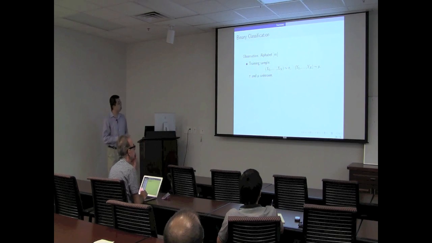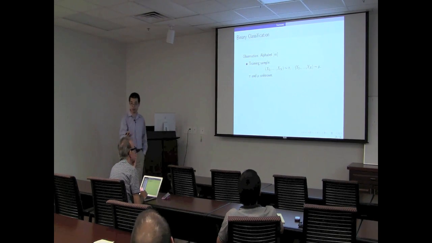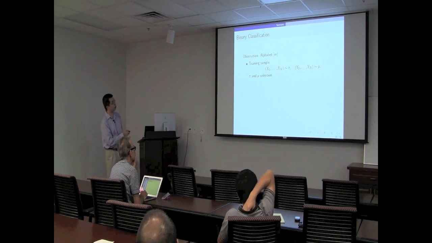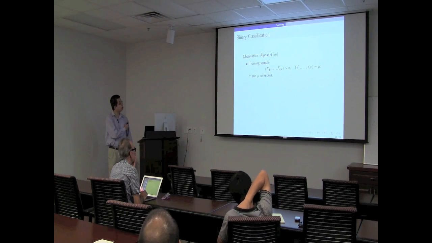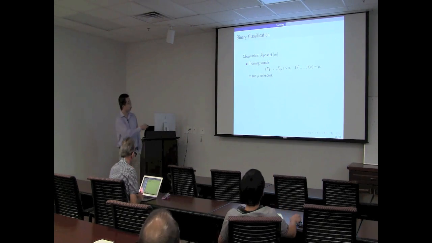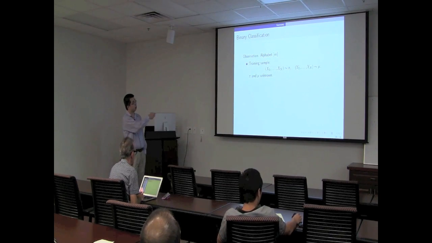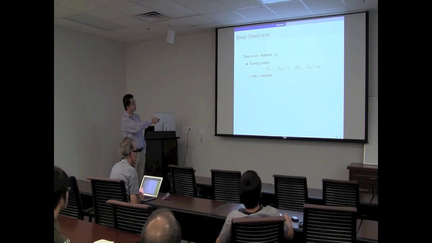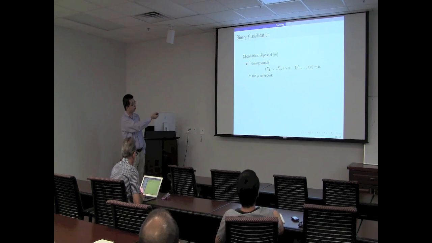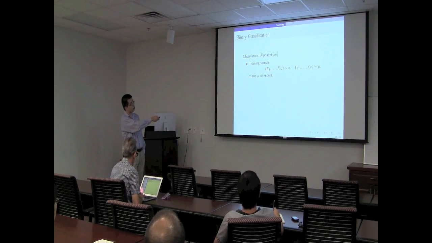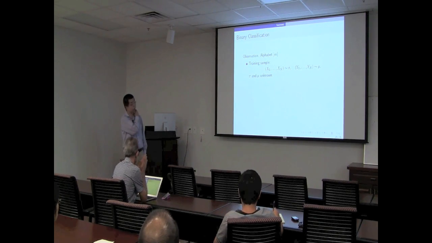So we can apply this tool to a different problem. Remember, we have the composite versus composite case. So we can apply this tool to a binary classification problem. So this problem says, let's say you have an alphabet of size m, and you have certain training samples. You have 2 sequences. One sequence has distribution pi, and the other sequence has distribution mu.